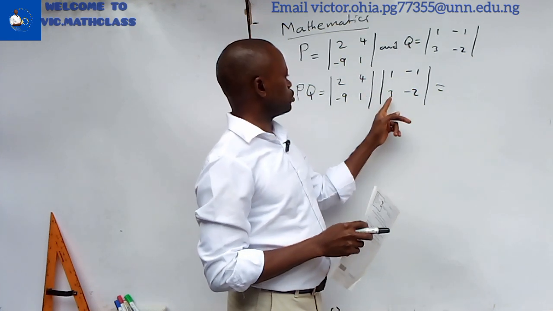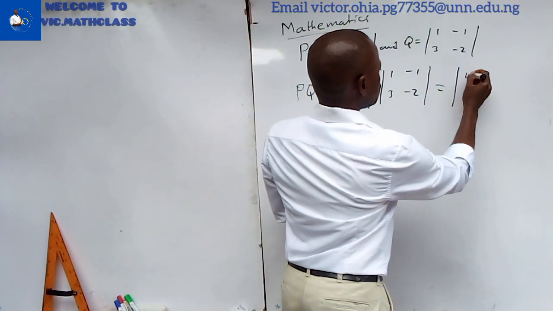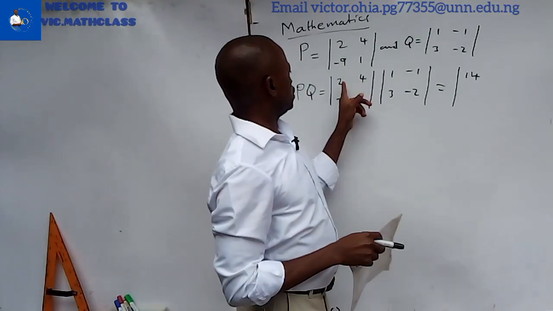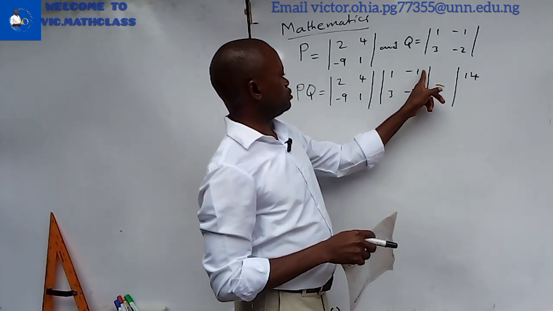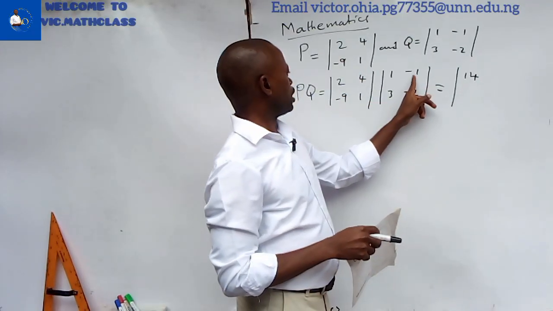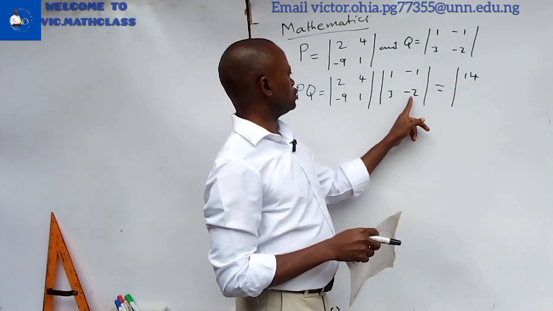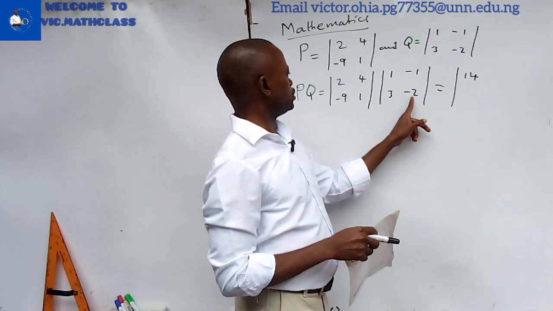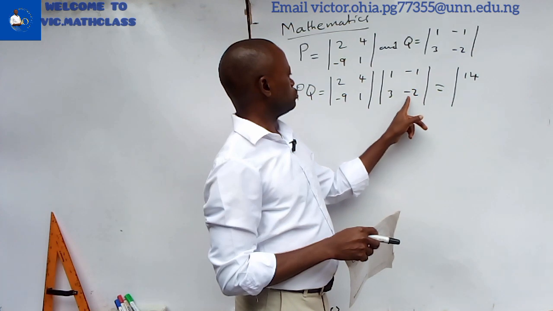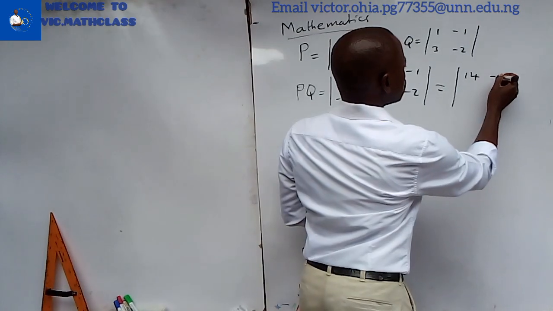So 2 plus 12 is going to give us 14. We take this row again against this second column. 2 times minus 1 is minus 2, and 4 times minus 2 is minus 8. So minus 2 plus minus 8 will give us minus 10.